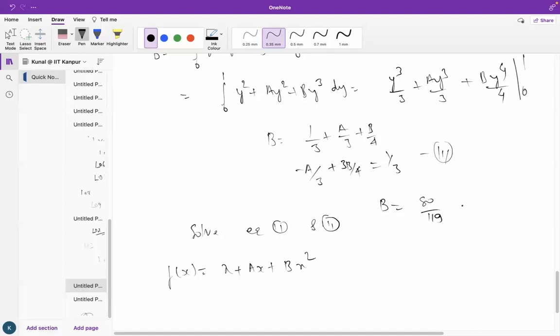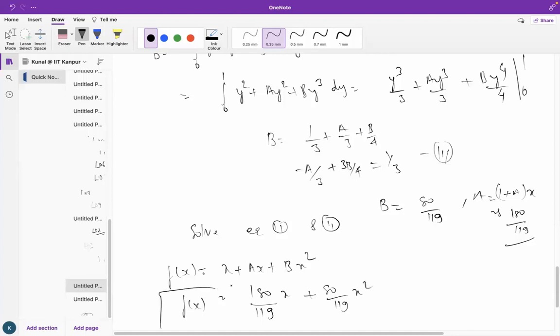And the value of a is something like, we have to calculate 1 plus a now. So the 1 plus a value will be something like 180 by 119. So our function f of x is nothing but 180x by 119 plus 80 by 119 x squared.